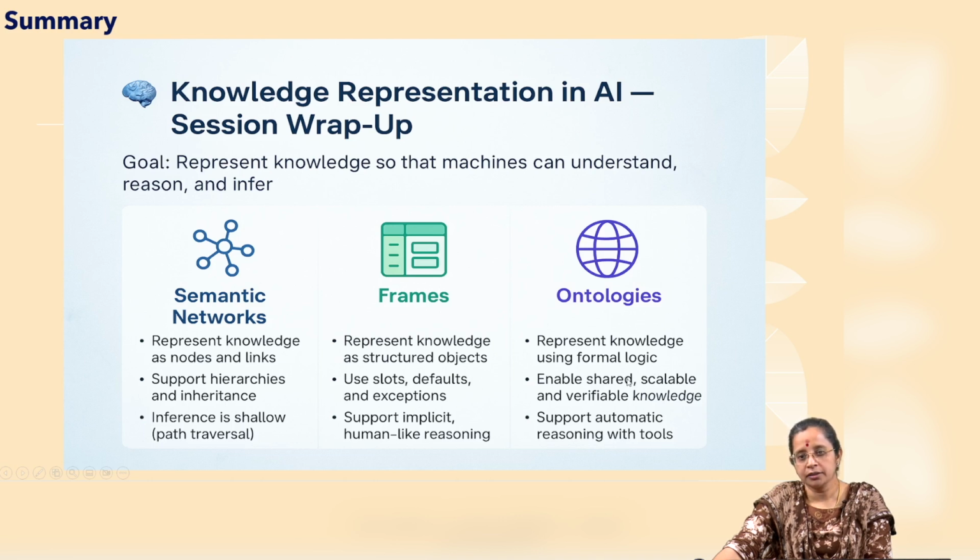In that sense it is scalable, and it can also support automatic reasoning with a number of tools. Next, we will be seeing natural language processing and how words are understood by machines in the form of embeddings.